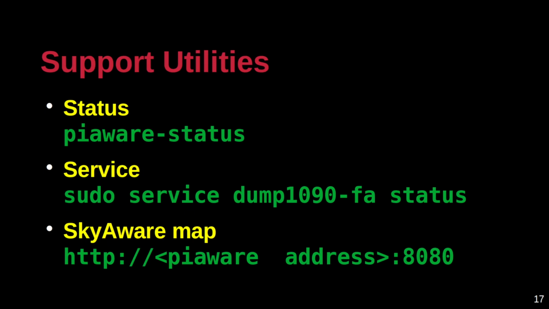If dump1090-fa is not running, then no data will be published to the FlightAware central repository. The SkyAware map is a very useful utility to view the data received and published by your installation from active aircraft.